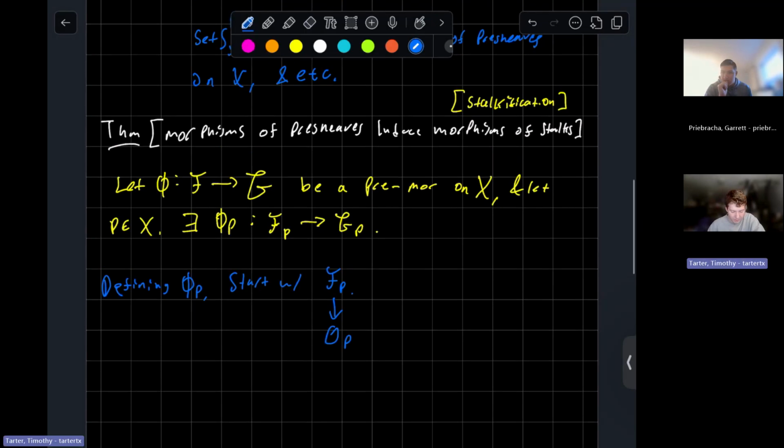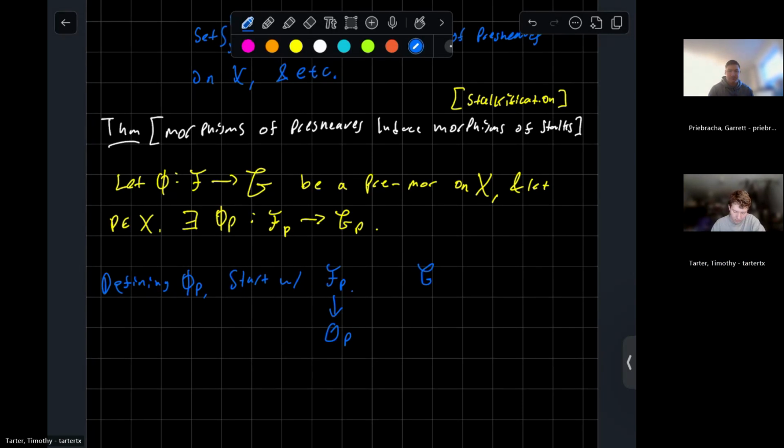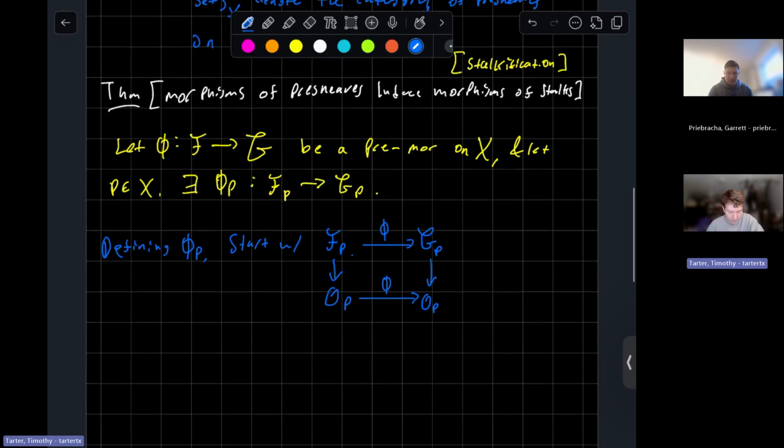Yeah, so I think that it does look like this. We have a similar thing going on. If this is phi, then it should work in a similar way.